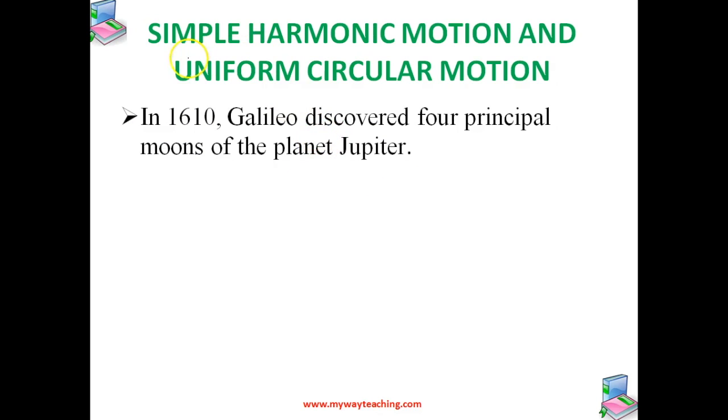So now let us study about simple harmonic motion and uniform circular motion. See, the projection of uniform circular motion on a diameter of the circle follows a simple harmonic motion.